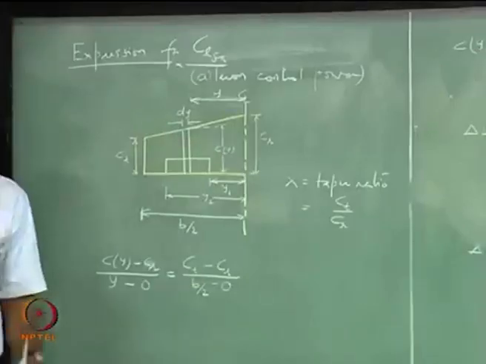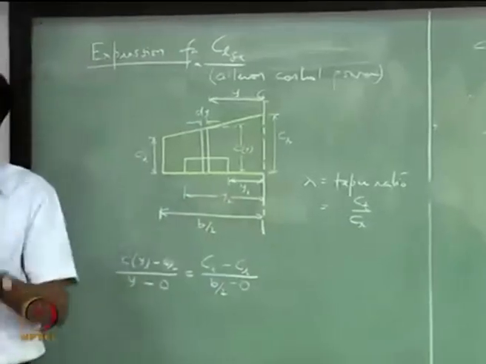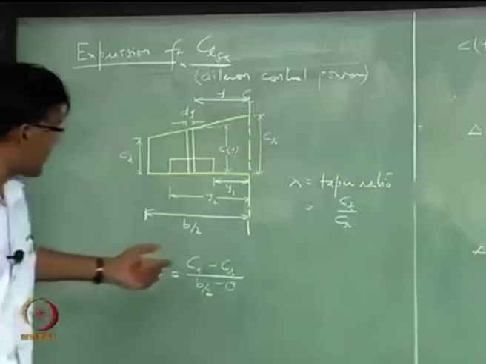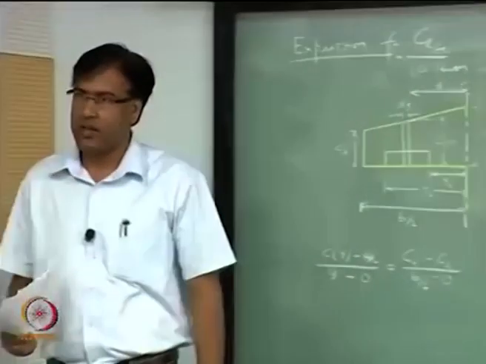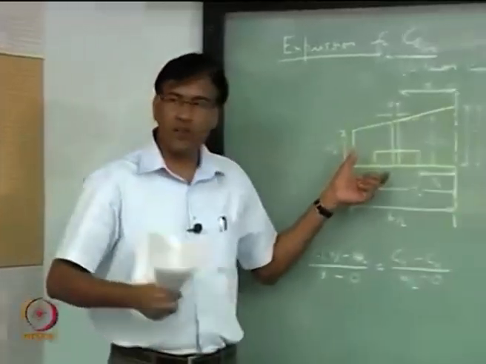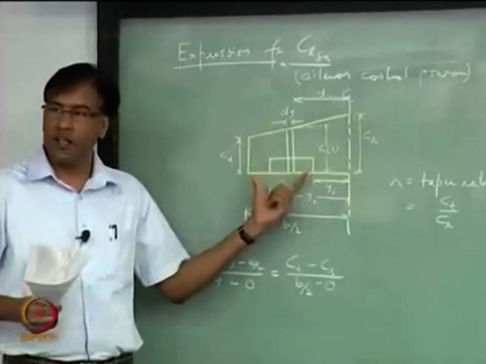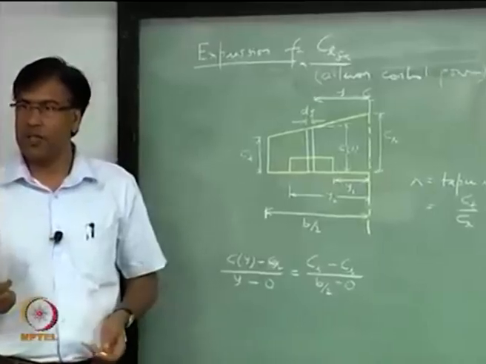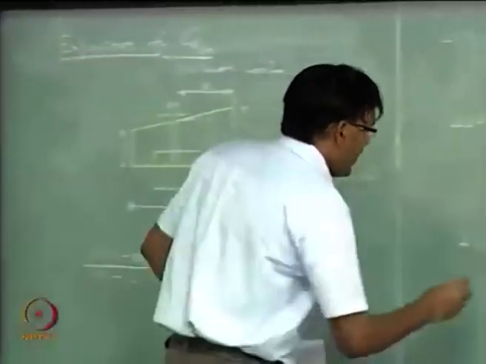So, sign of that aileron deflection should be negative because we have to maintain a uniform convention. So, all control derivatives will have negative sign. So, that aileron deflection which is going down on this part of the wing should be taken as negative.